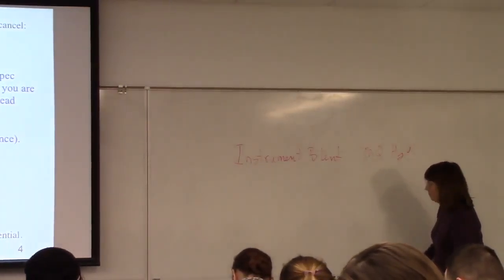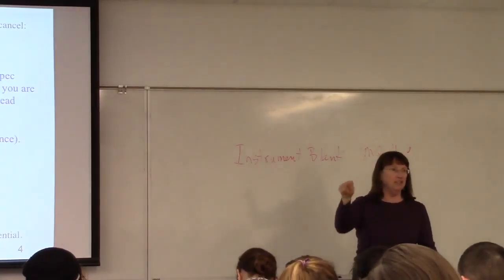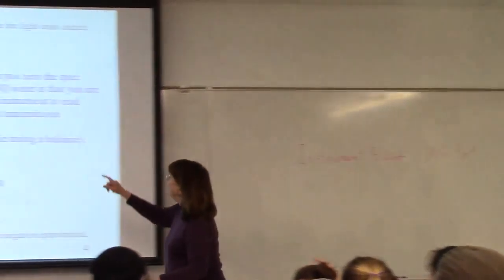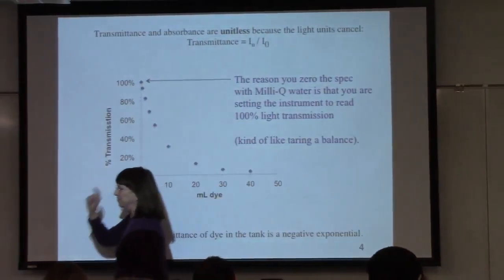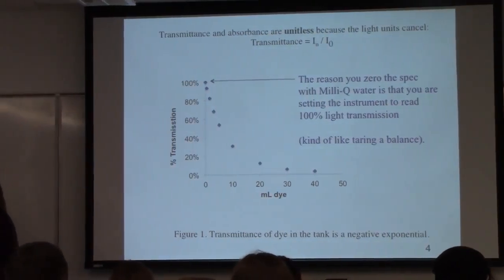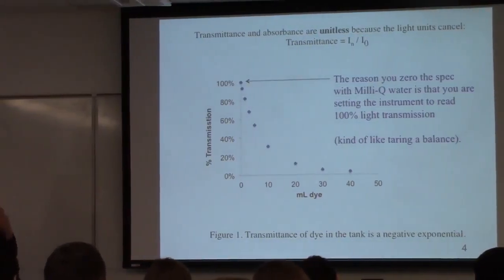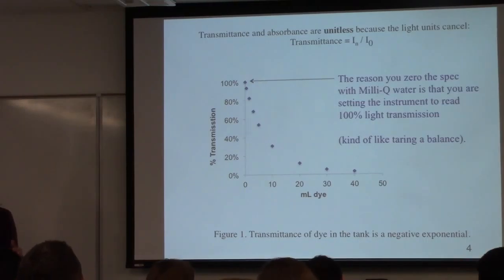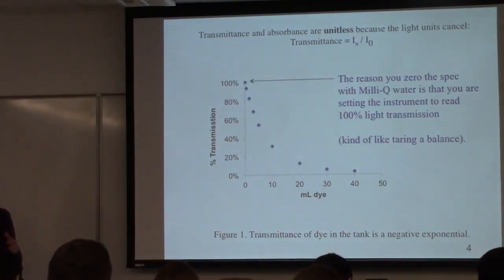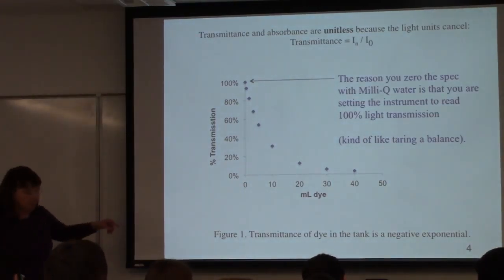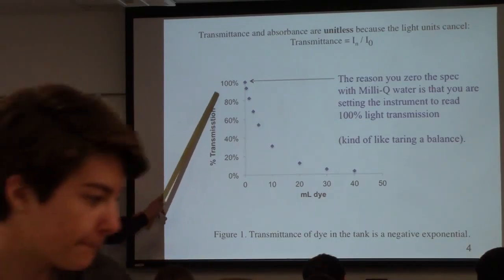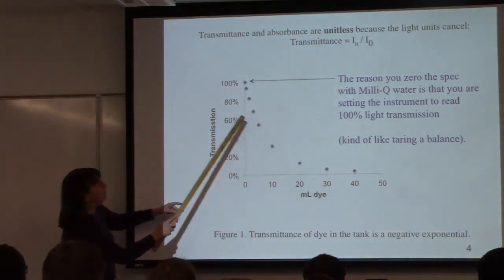And in simple reads, you push that 0. What you're doing is you're telling the spectrophotometer that when there's pure water there, 100% of the light is being transmitted. So you're setting the scale. That's one type of blank, I call it the instrument blank.